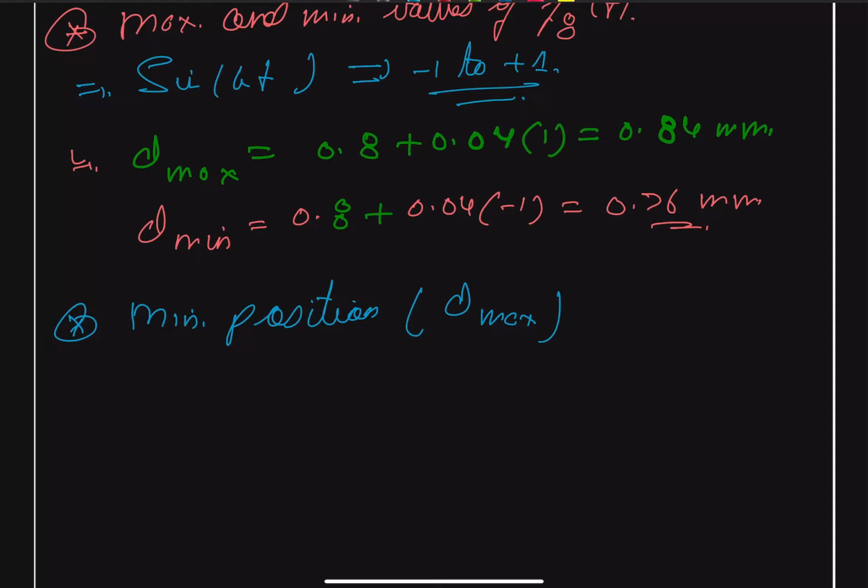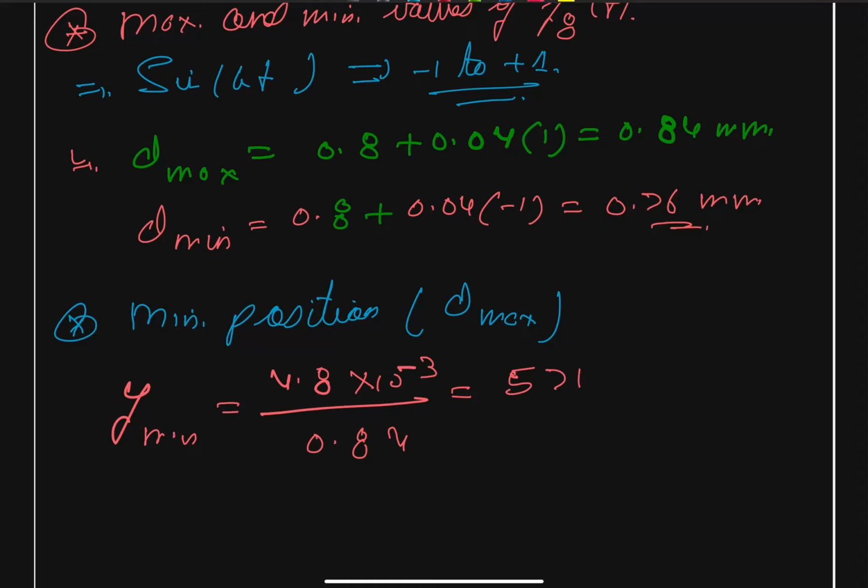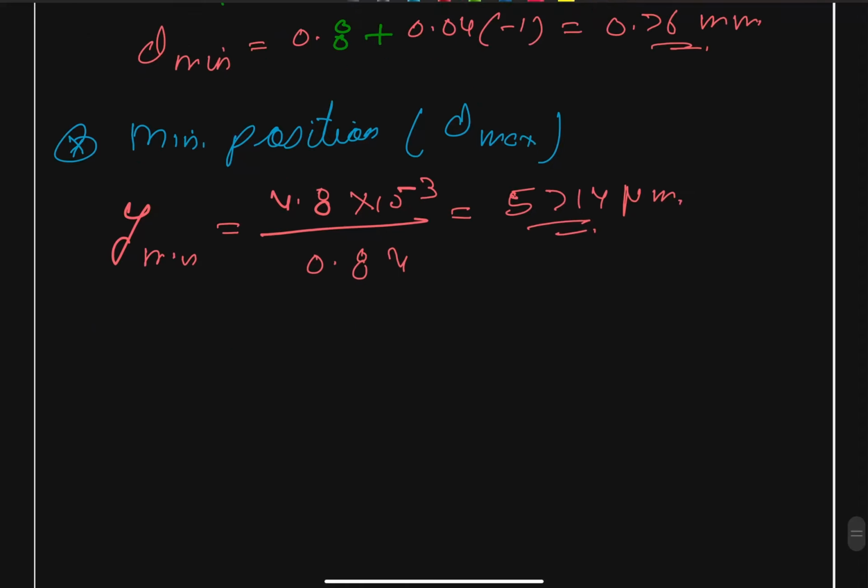Therefore we can write that y minimum is equal to 4.8 into 10 to the power minus 3 divided by the maximum 0.84, and this comes as 5714 micrometer. The maximum position is when our d is minimum.